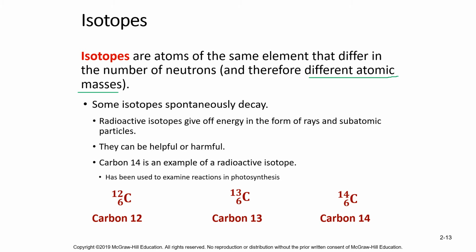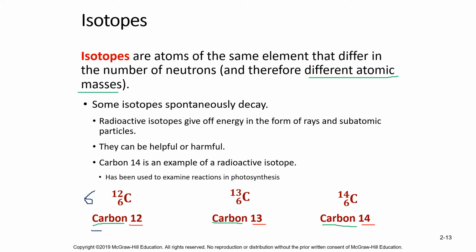So here we have 3 different atoms of carbon. But they have different masses. And they're named by their mass number, their mass. And that means they have a different number of neutrons. So carbon 12, 12 minus 6 gives you 6.